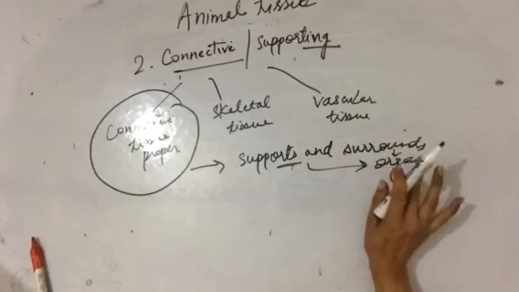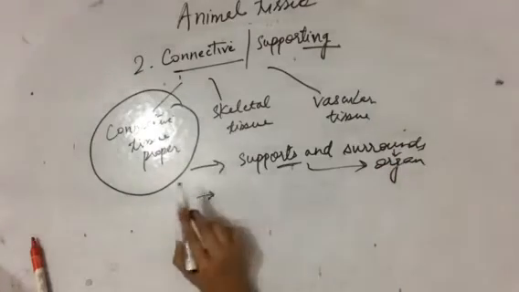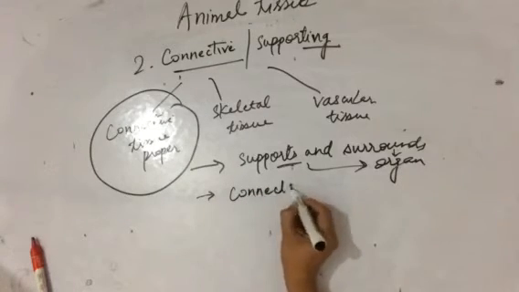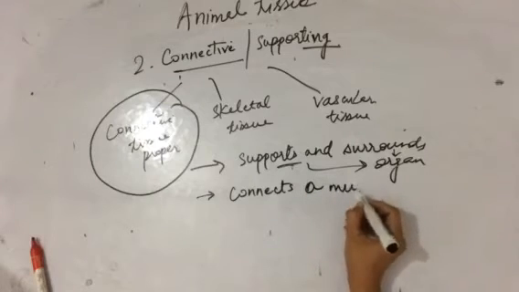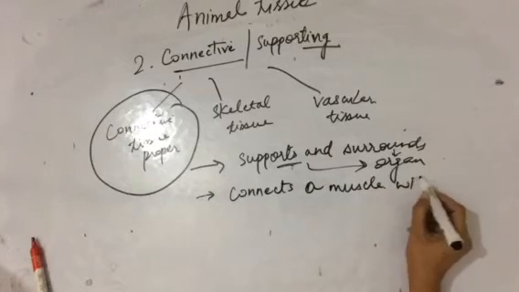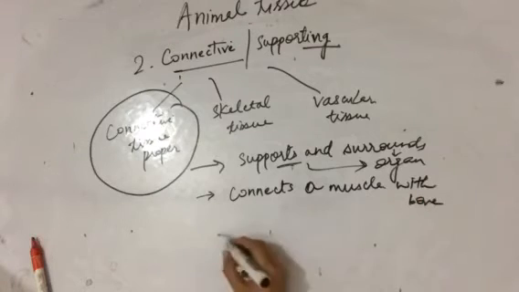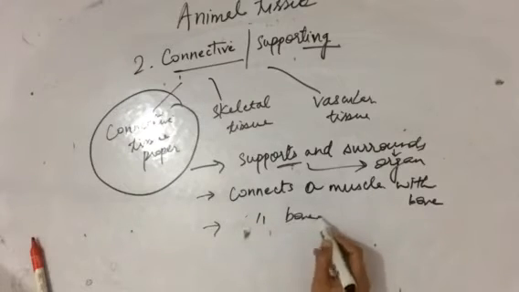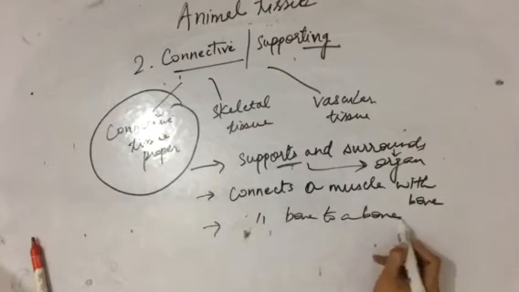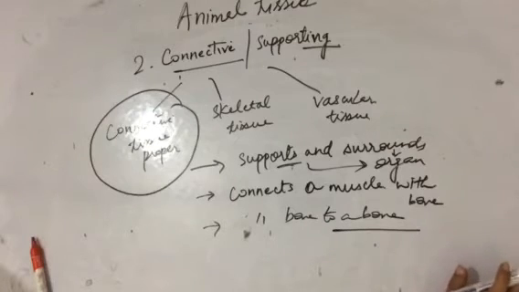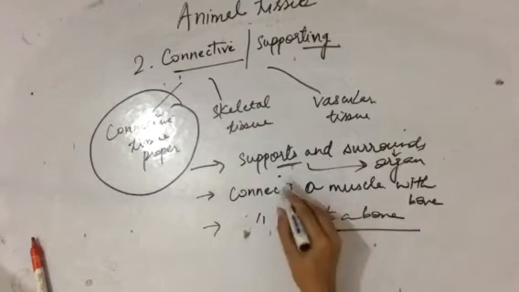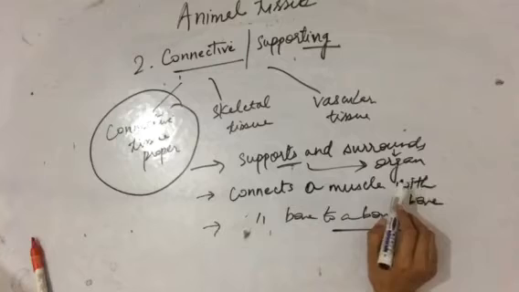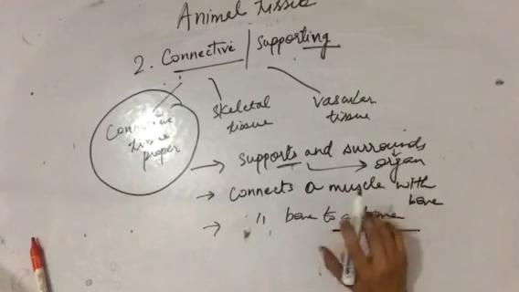Apart from this, connective tissue proper connects a muscle with a bone. And it also connects a bone to another bone. What is connective tissue proper doing? It is supporting and surrounding various organs. It is connecting muscle and bone. It is also connecting bone to another bone.